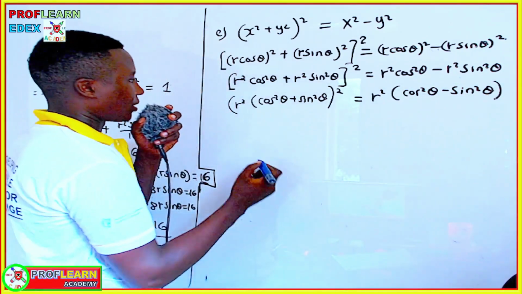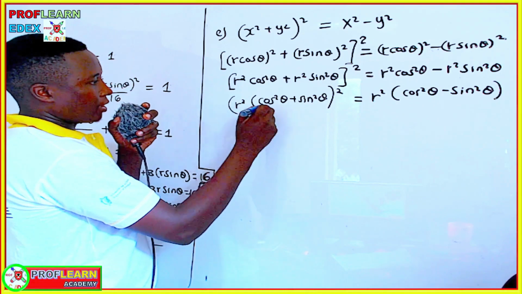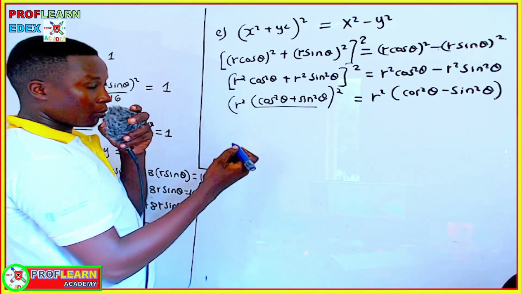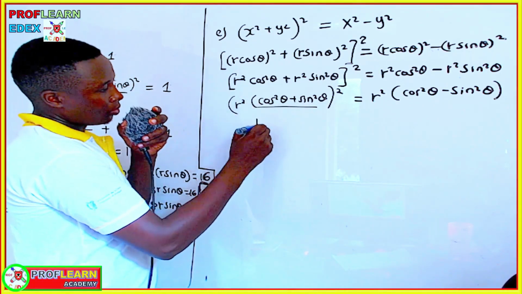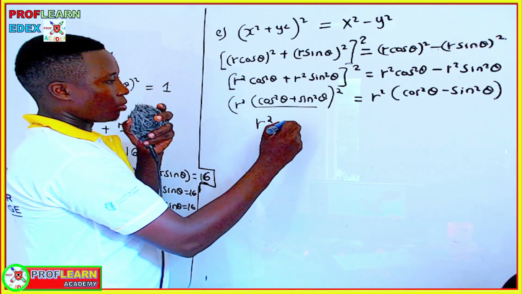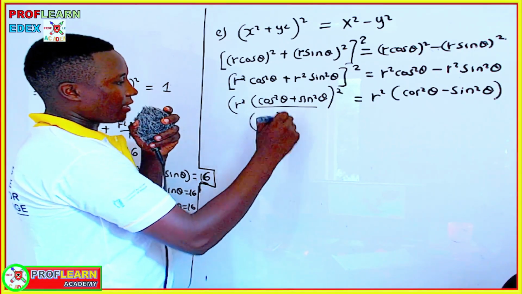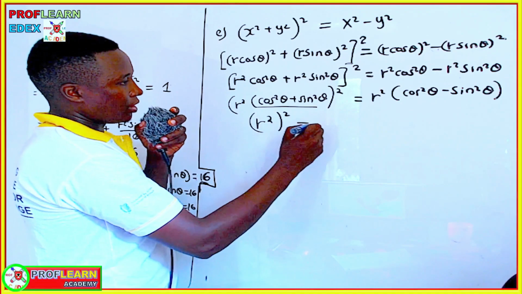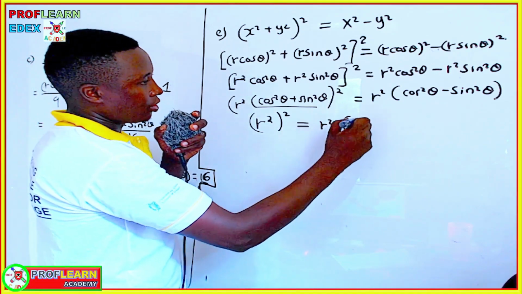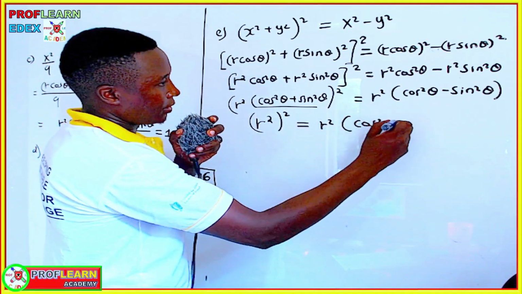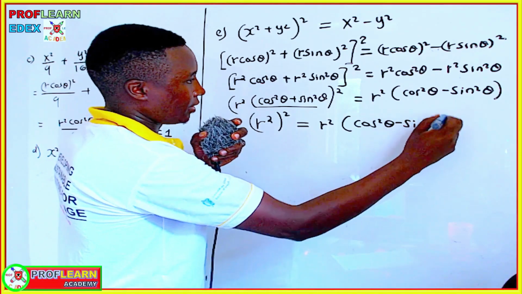This one reduces to 1, so we end up having r squared, squared, equals r squared into cos squared theta minus sine squared theta.